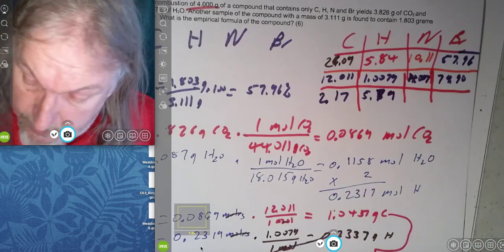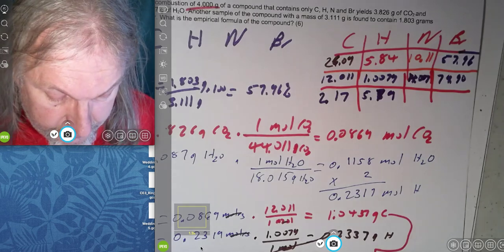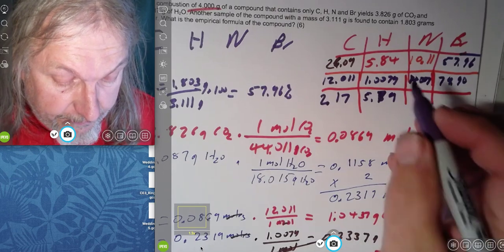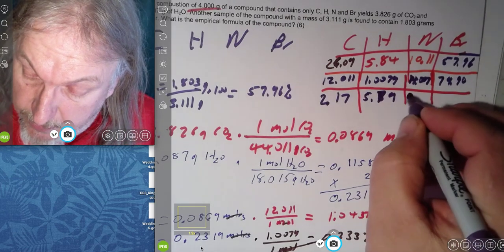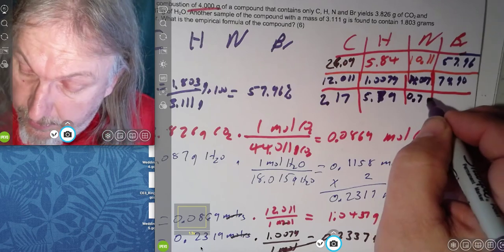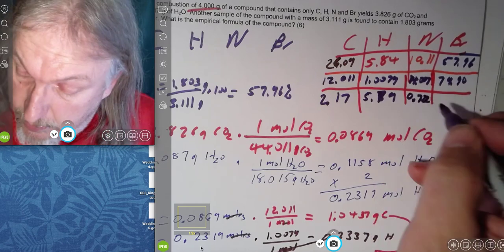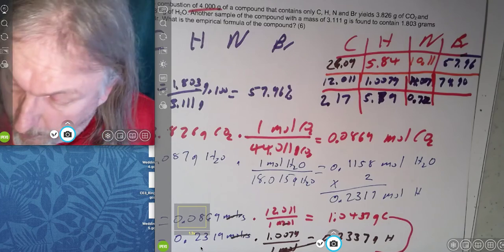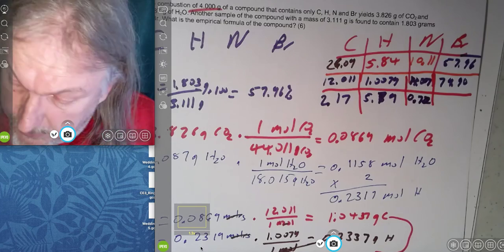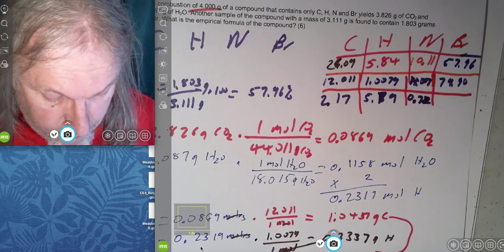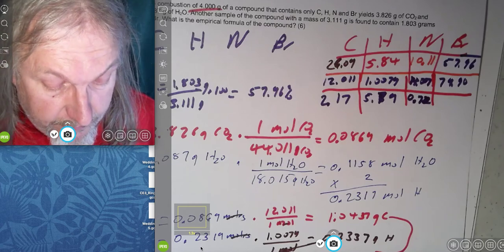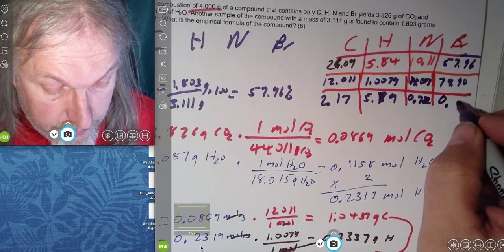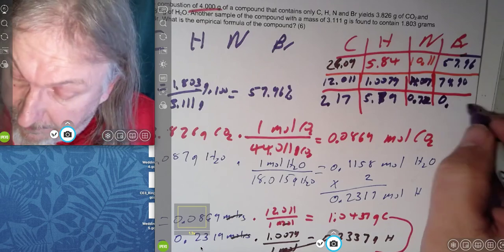Then 10.11% divided by 14.007 is going to give me 0.722 moles. Then 57.96 divided by 79.9 is going to give me 0.725.